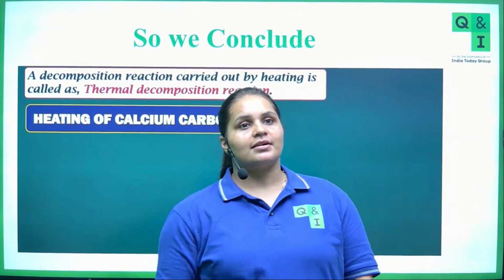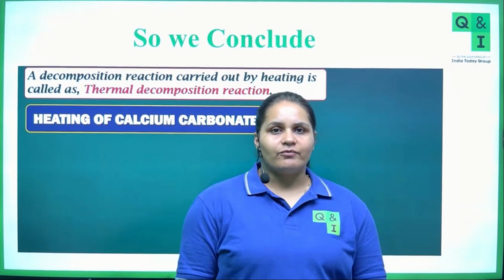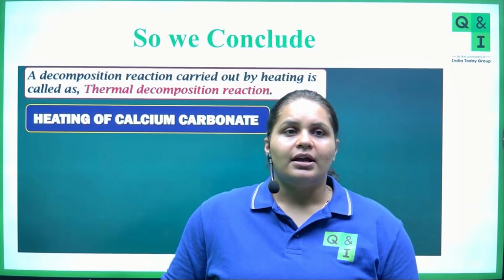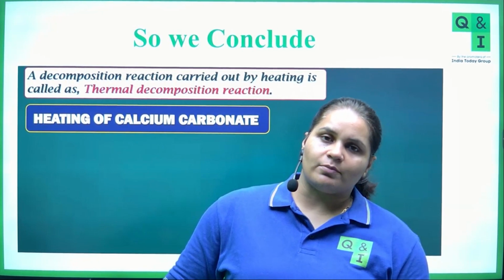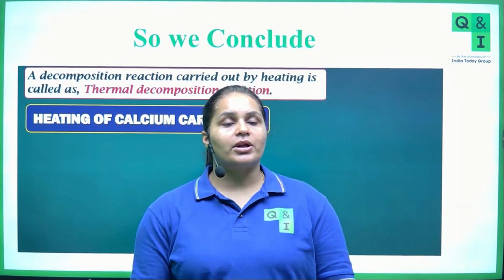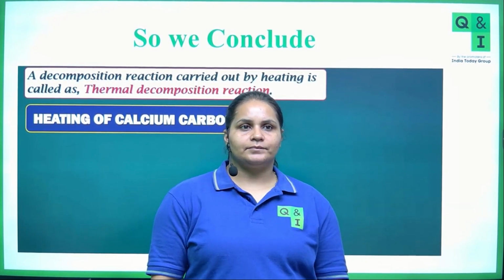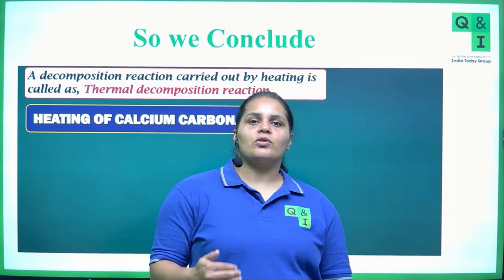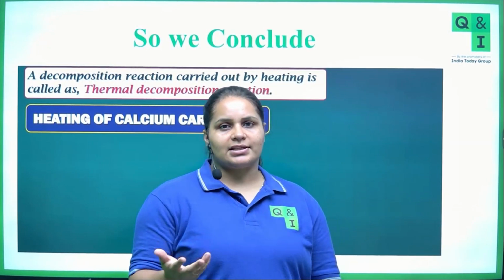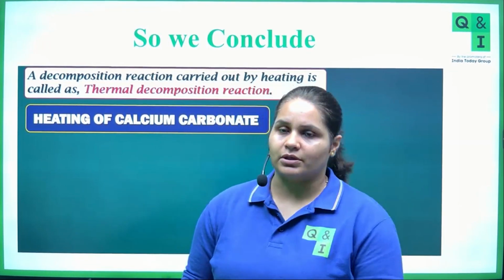Lime water test, right? And what is the industrial application of this reaction? It helps in the cement industry. How does it? Cement requires a component quicklime, that is calcium oxide, which is obtained by this particular reaction.